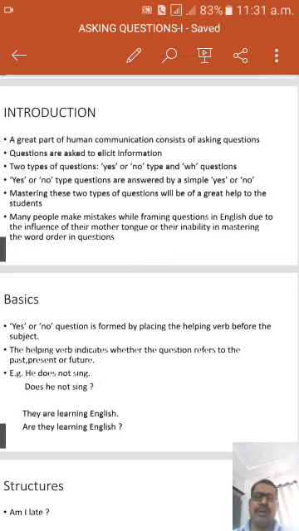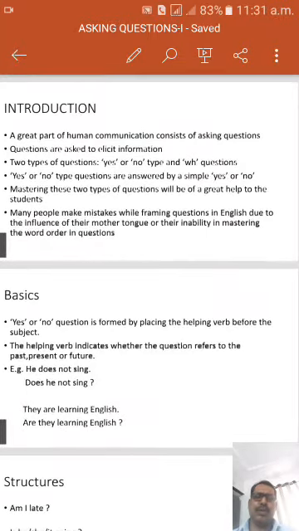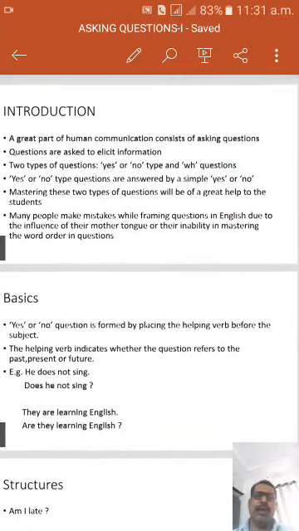After some extent, we have to learn the target language with its own rules, not with the help of the rules of grammar of mother tongue, but with the help of the rules of the target language, that is English.